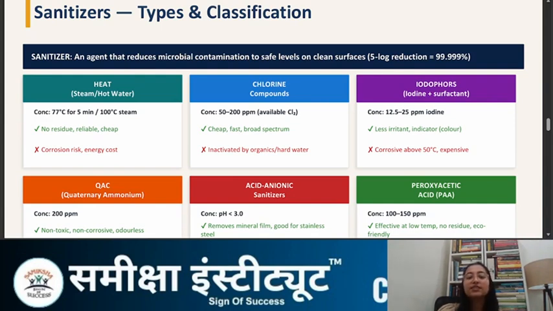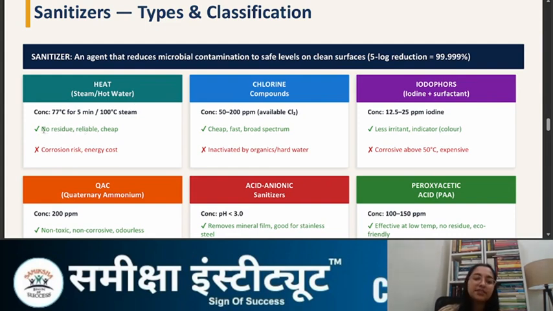So these are the types of sanitizers that are used on a routine basis. First is heat. Basically we are using steam and hot water at a temperature of 77 degrees Celsius for 5 minutes, or 100 degrees Celsius steam. What will happen? It will not leave any residue.